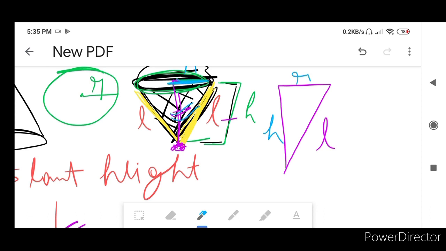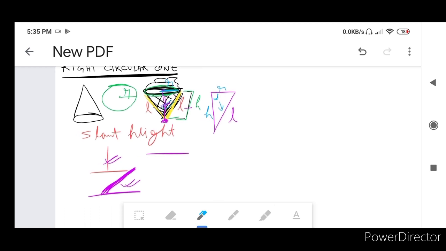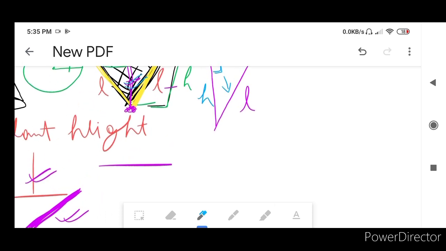Now as you can see in the image, this is the 90-degree angle. Opposite to it will be the hypotenuse. So how will we find the slant height? Hypotenuse square is equal to base square plus perpendicular square, by using the Pythagoras theorem.